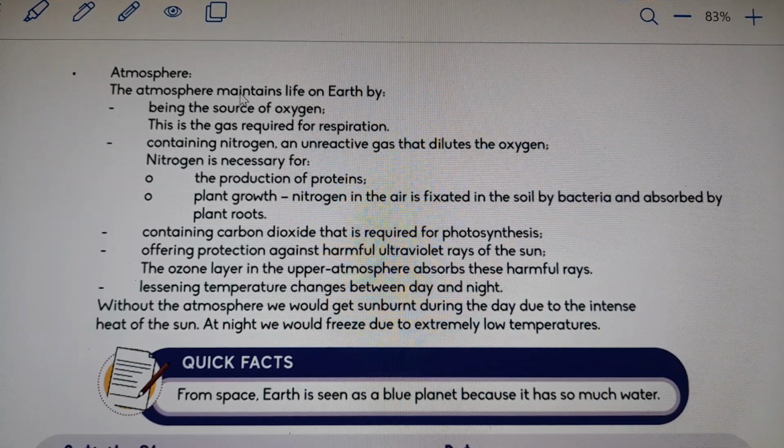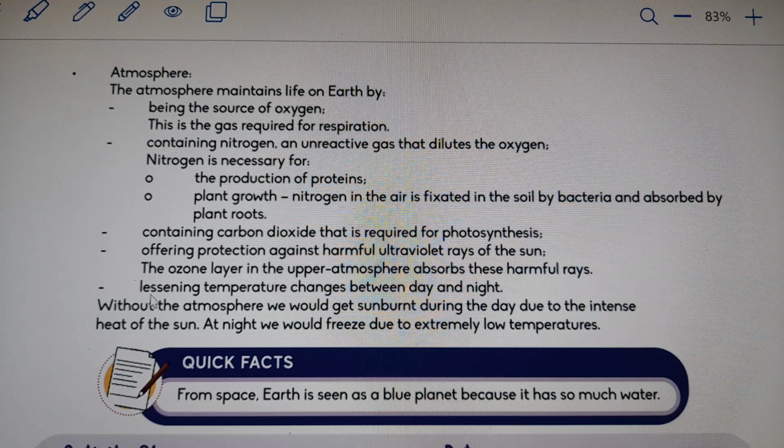And then the atmosphere contains carbon dioxide that is required for photosynthesis. The atmosphere offers protection against the harmful ultraviolet rays of the sun. Okay, and the ozone layer in the upper atmosphere absorbs these harmful rays.